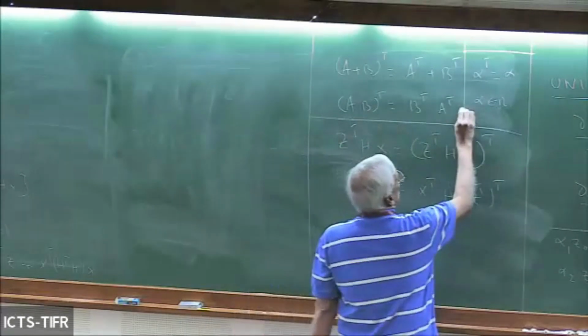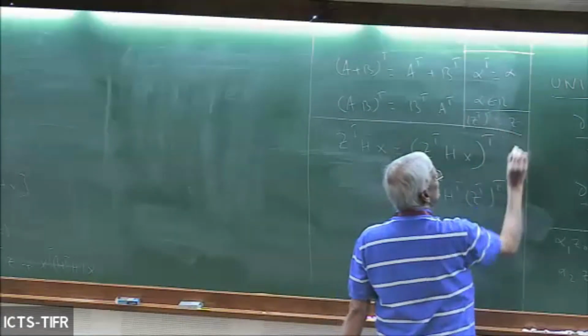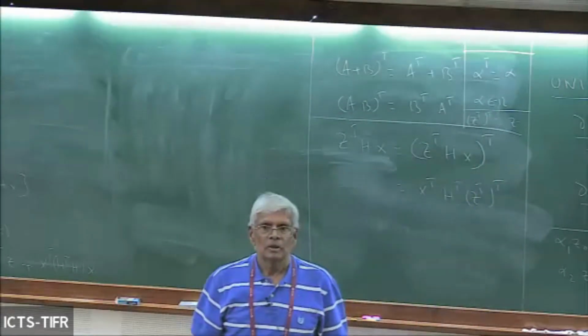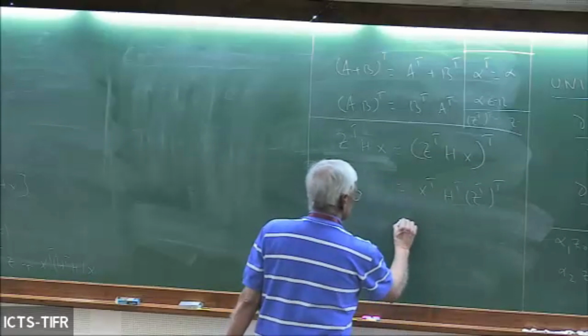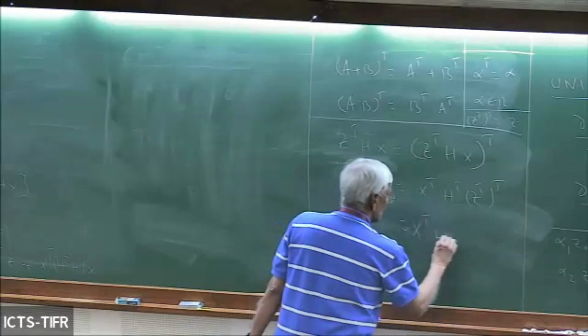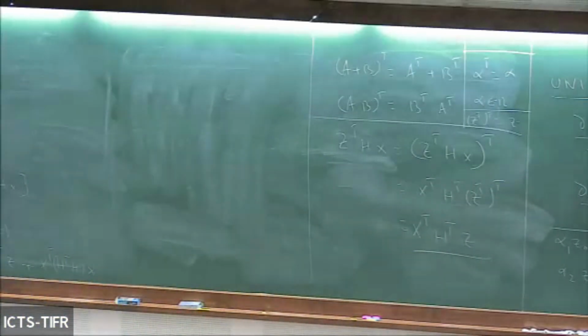So there is another rule. What is the other rule? Z transpose, transpose is equal to Z. Reciprocal of a reciprocal, inverse of an inverse. The transpose of a transpose is itself. Everybody, please. So this is equal to X transpose H transpose Z, which is exactly this term.